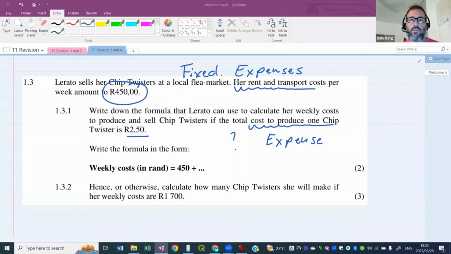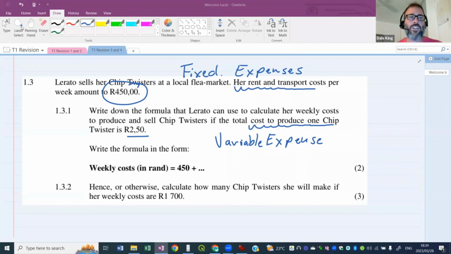Well done, Latabo. It is variable. Good. It varies. So the cost to produce the chips, or the number of chips that she produces, and the cost in total because of that will vary depending on the number of chips. So this cost is called a variable expense. Okay, so it changes depending on the number of chips. Non-fixed, Ave. Good attempt. Non-fixed. It's not fixed, it's variable.